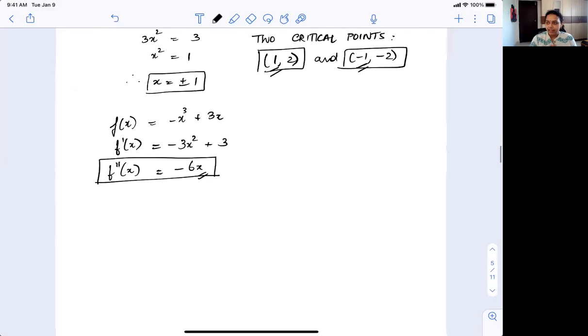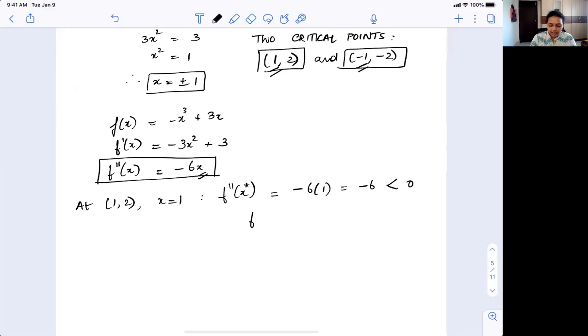Now let's go ahead and evaluate f double prime of x at each of these x values. At this critical point 1, 2, we have x is equal to 1. When you evaluate f double prime of x at x equal to 1, you do minus 6 times 1, and that is minus 6. And minus 6 is less than 0.